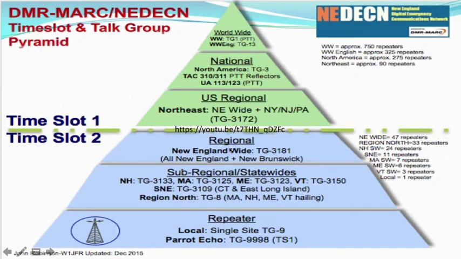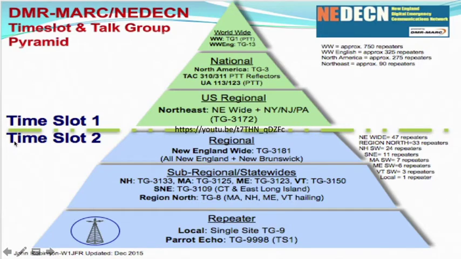I want to talk to a wider group of hams. So I want to talk to everybody in the New England area. So I'm going to talk on talk group 3181. And when I do that, I'm going to be keying up 47 repeaters, okay? So as you see, as we move up the chain, we're keying up more and more repeaters.